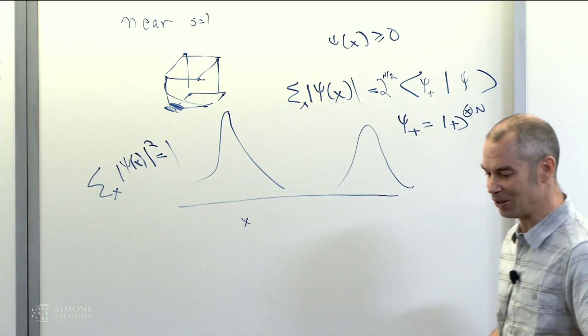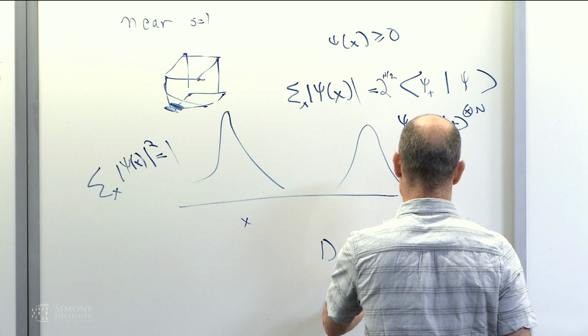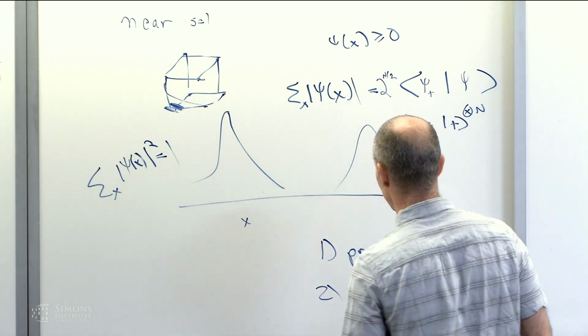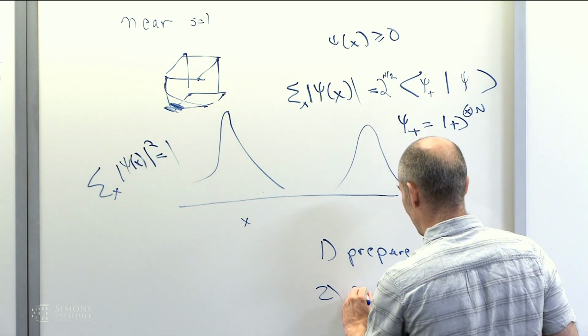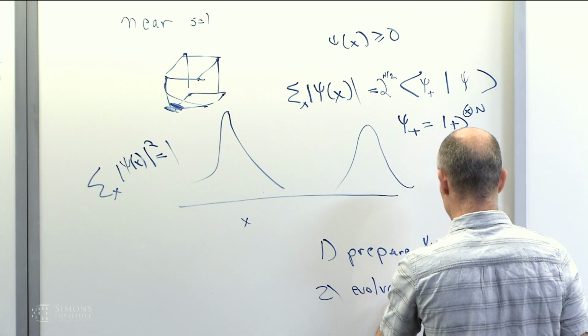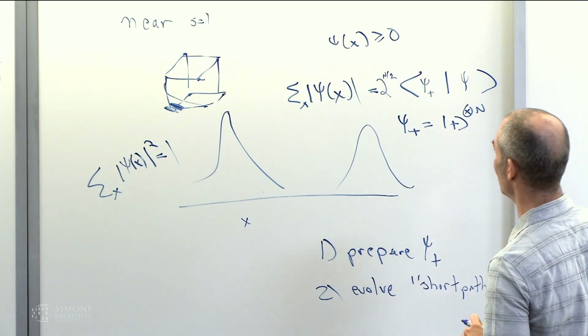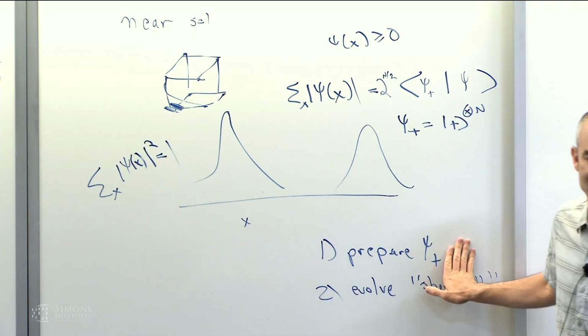So that then inspires the quantum algorithm: 1, prepare psi plus; 2, now evolve, and I'll explain it more, evolve a short path. What do I mean by a short path? We're going to start with a Hamiltonian whose ground state is not psi plus.